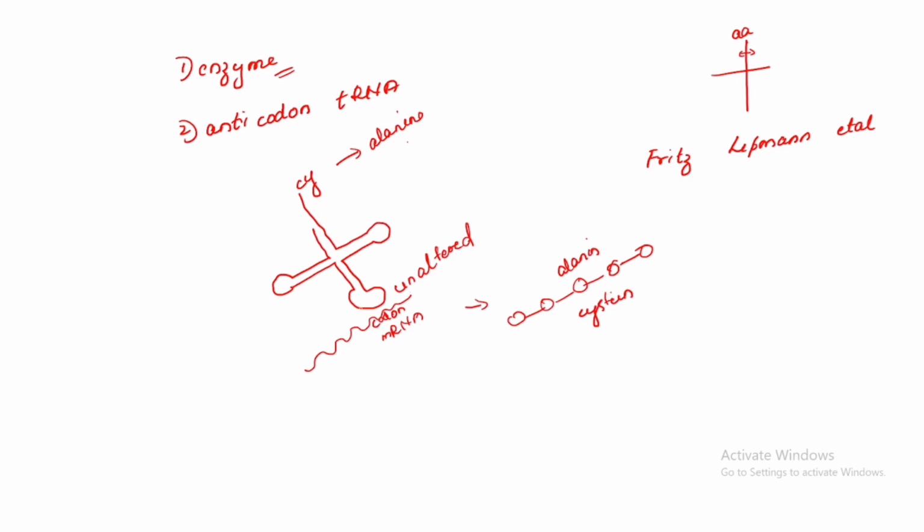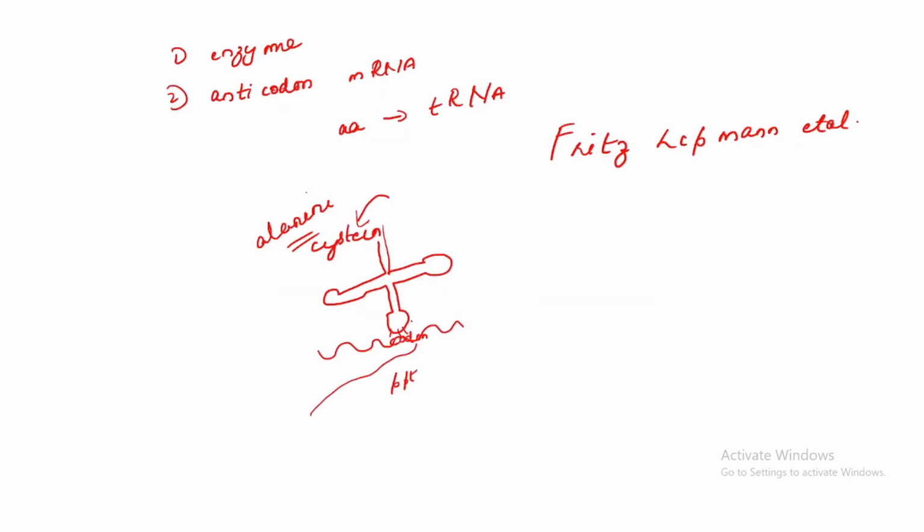The important thing is the complementarity between the anticodon and the codon present in the mRNA. That determines the amino acid sequence in the polypeptide chain. Okay. With this, we finish today's section here. In the next class, we will learn about translation and its different steps. Okay, thank you.